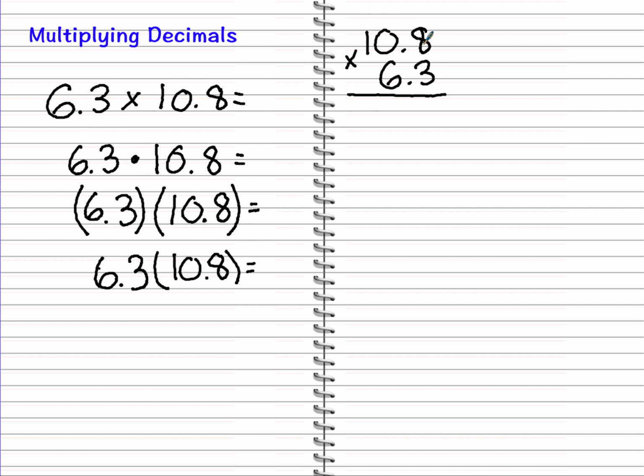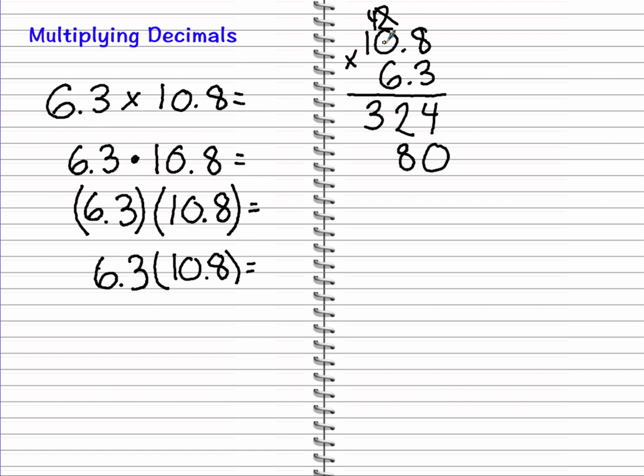3 times 8 is 24, carry your 2. 3 times 0 is 0, plus 2 is 2. 3 times 1 is 3. Then you're going to add your 0, and I'm done with this 2. 6 times 8 is 48, 8, carry my 4.